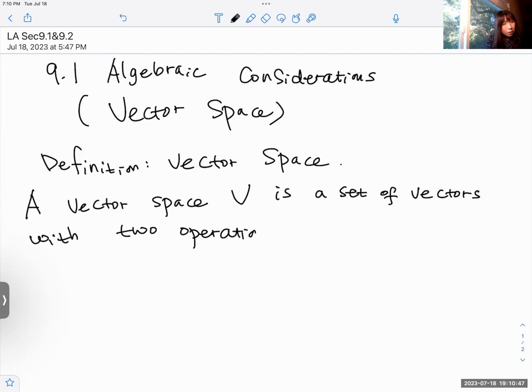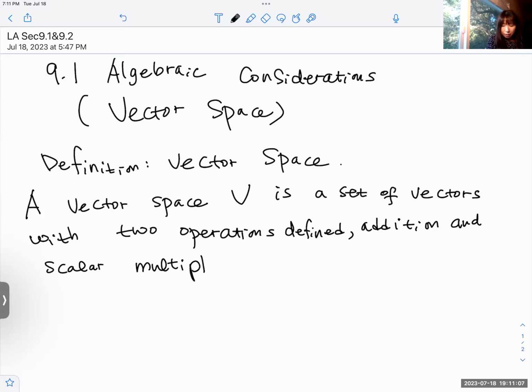What kind of operations? Addition, and scalar multiplication.